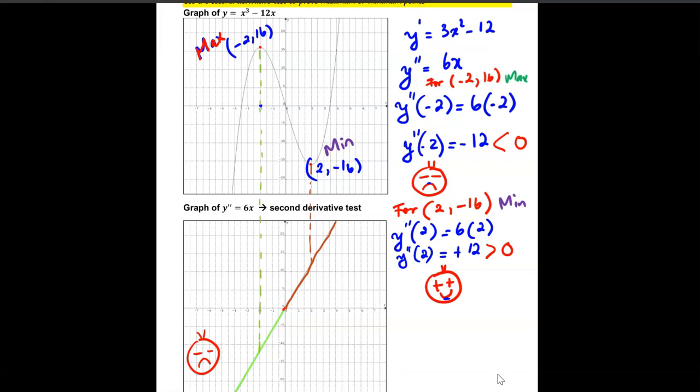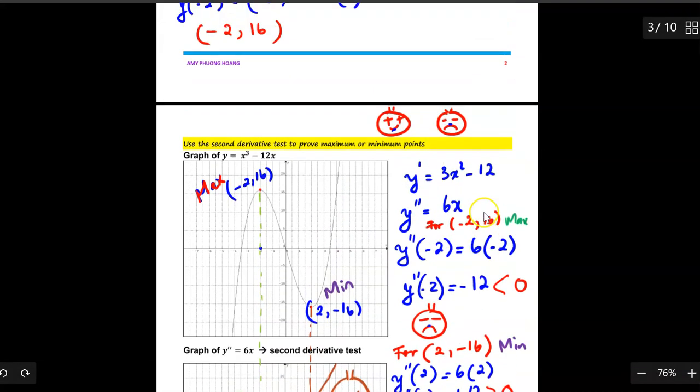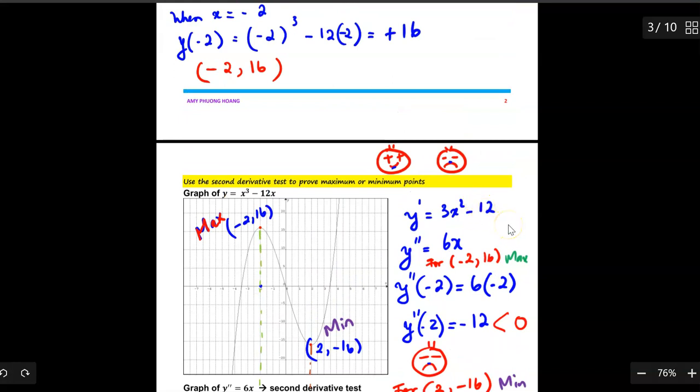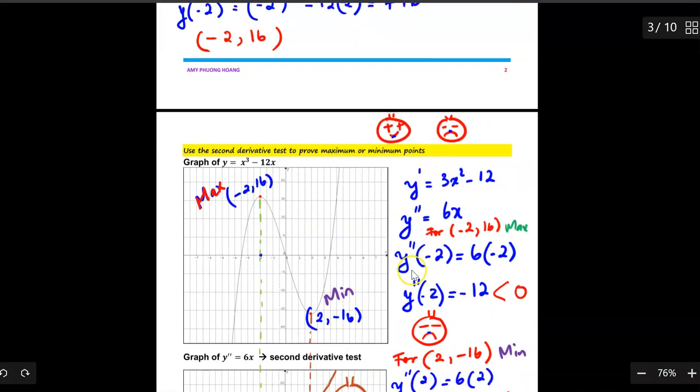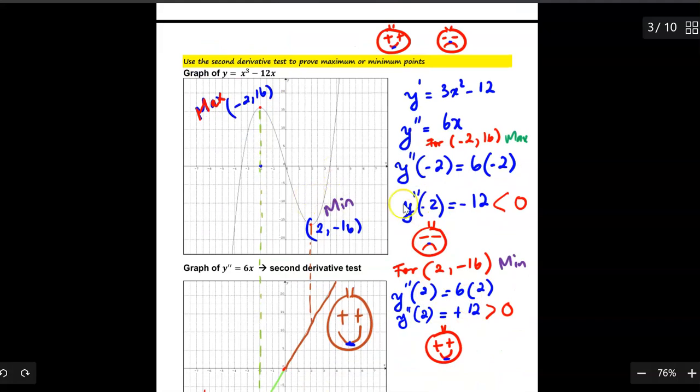So the positive part here is positive, a smiley face in the second derivative, and this guy is a minimum point. Okay, so it's fun, right? And then we can put some fun into mathematics, and we can remember all the rules. So I hope I get everything in place for everyone, how to figure out the max and the minimum point.